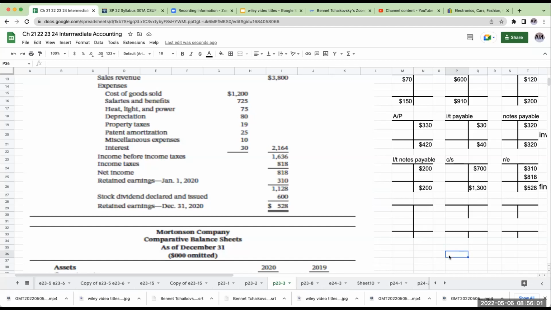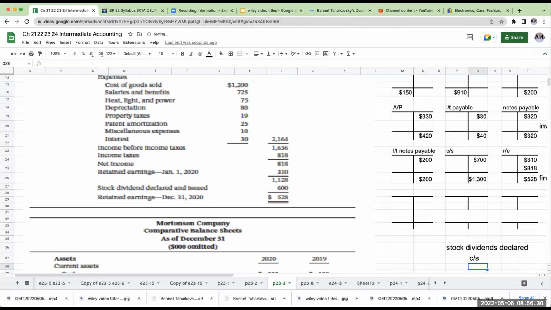When a stock dividend is issued, you're basically debiting stock dividends, like a normal dividend declared, and crediting common stock.